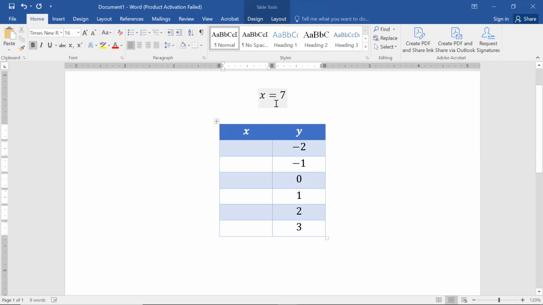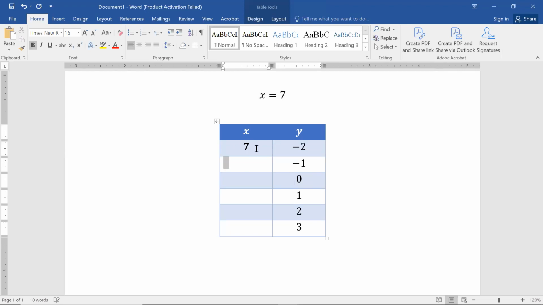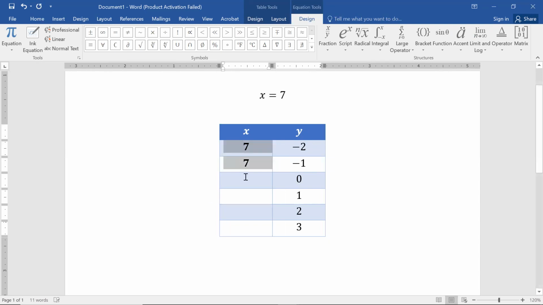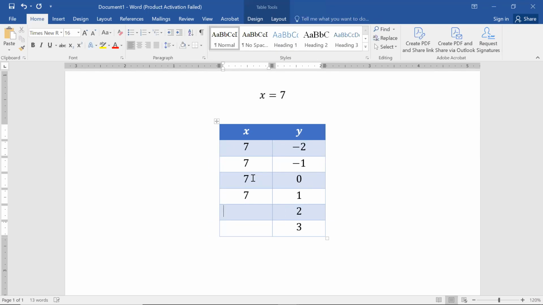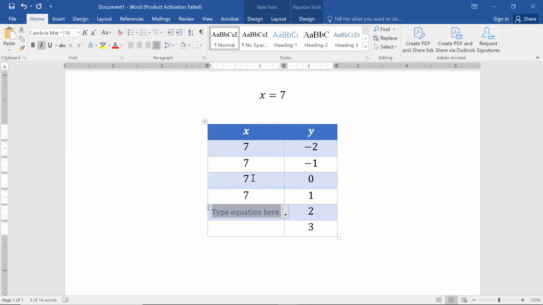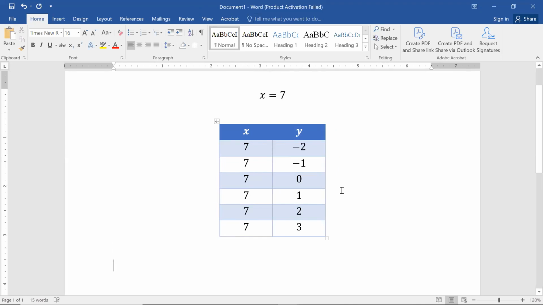X has to be 7, because it always has to be 7. So x is 7 when y is -2. X is 7 when y is -1. X is 7 when y is 0. X is 7 when y is 1. X is 7 when y is 2. X is 7 when y is 3. So in other words, x is 7 no matter what we plug in for y.